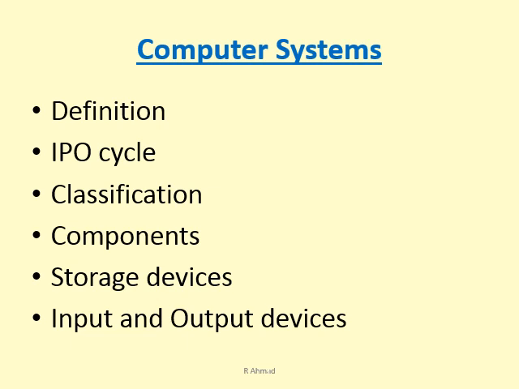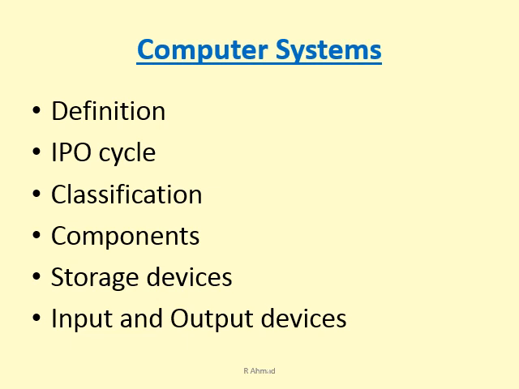The second type of classification was on the basis of size, and size not in terms of physical size but in terms of capability or effectiveness of a computer. How much data can it store? What speed does it offer? What devices can be used?